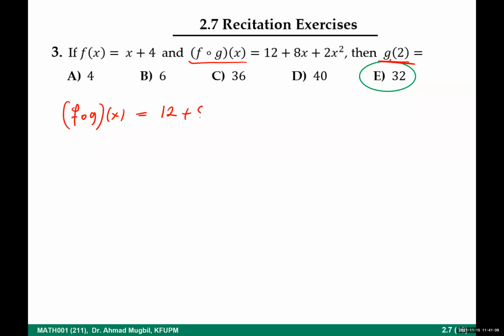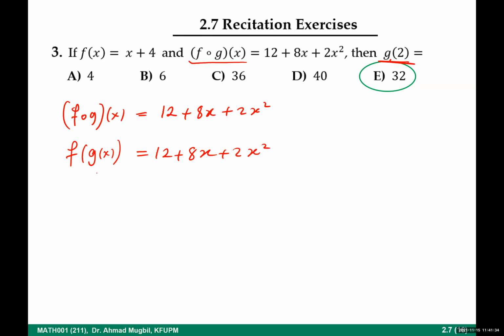It is 12 plus 8x plus 2x squared. By the definition, this is f of g of x. I don't have g, I want to find g in general. Now, this will be equal to 12 plus 8x plus 2x squared.